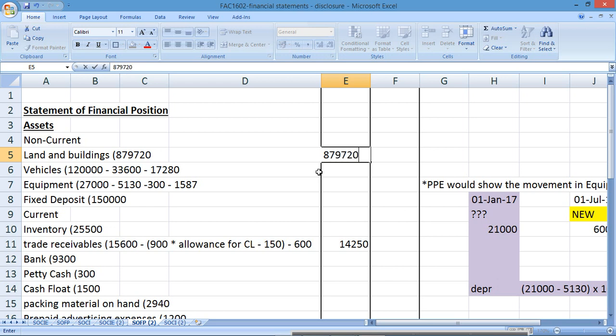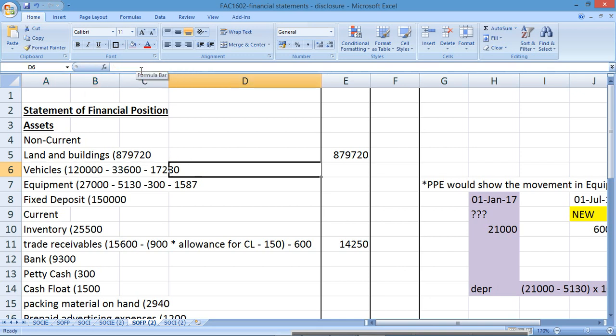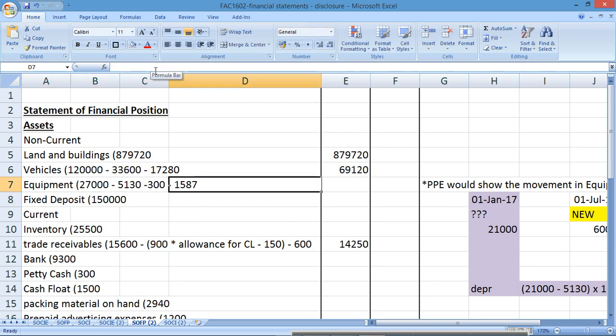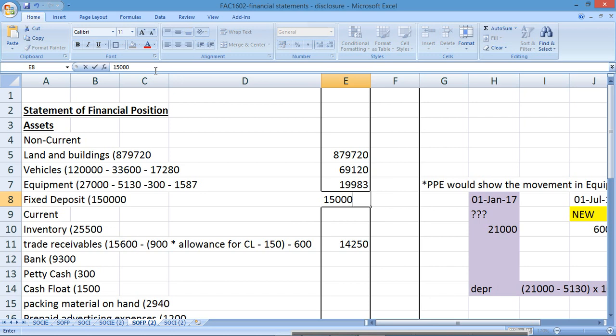So that's 879,720. Let's tally all of that. Let's tally all of this. That's 150,000. Now we can add up all of that. That didn't change.